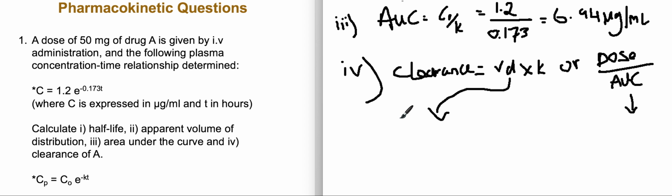Yeah, that was 41 point something. Now you times that by K, which is 0.173. So you should get a clearance of 7.2 liters per hour.